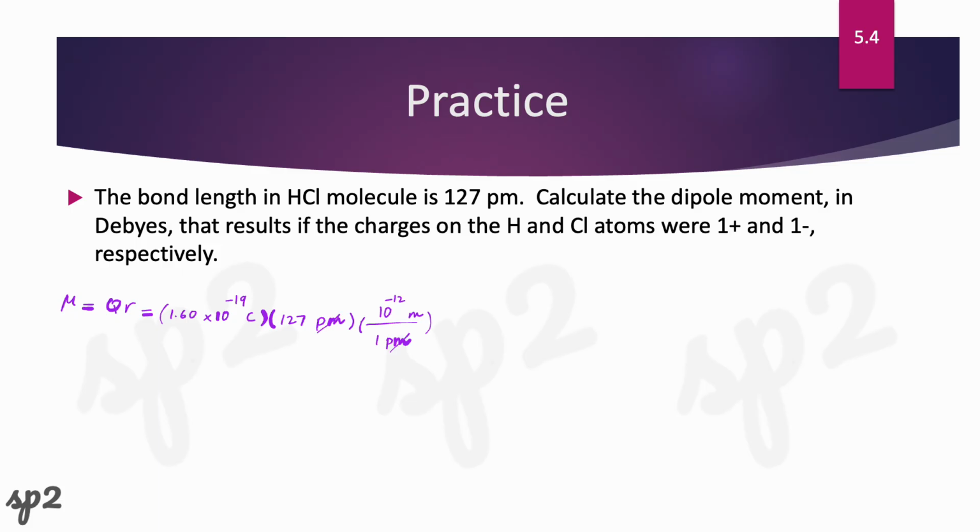The next is converting your Coulomb meter to debye. And the constant is given. If you remember, it was 3.34 times 10 to negative 30 Coulomb meter, and that is going to give us 1 debye.